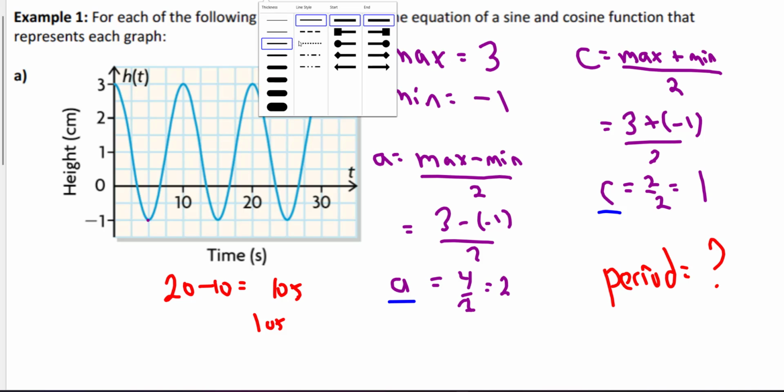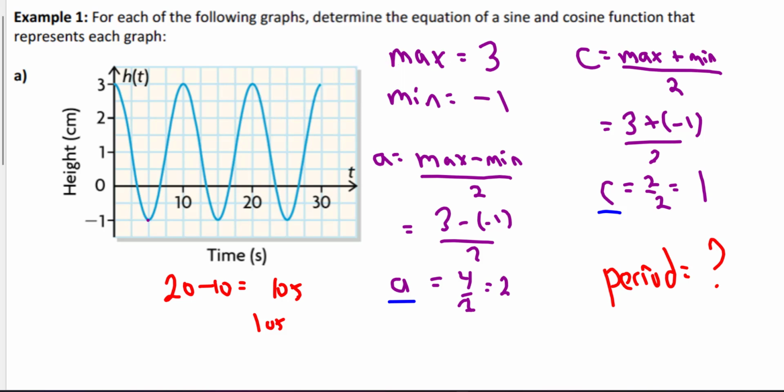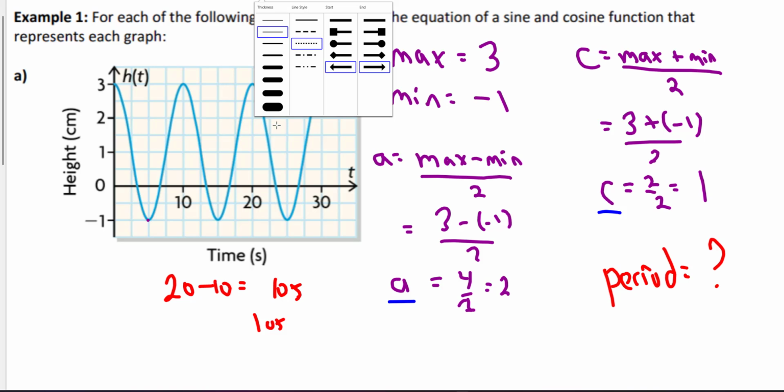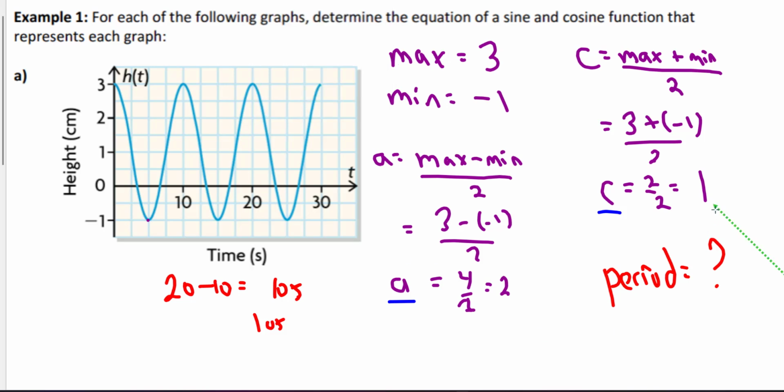Remember what I said? Whenever you figure out your C value, the very first thing you should do is graph your C value. What is my C value? It is 1. So at 1, I want you to put a nice dotted line there. Why?